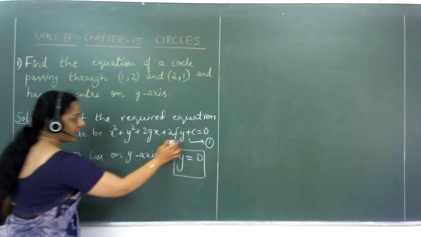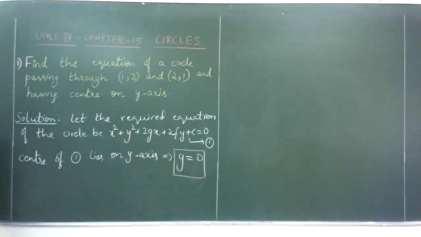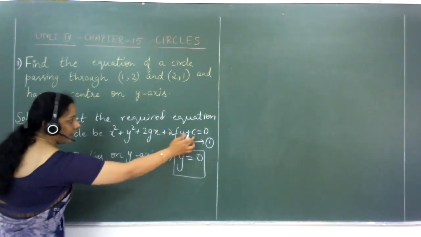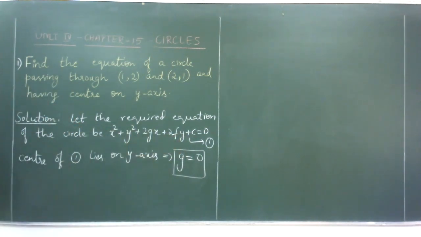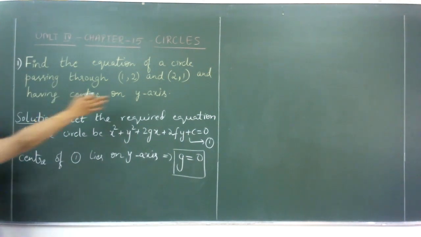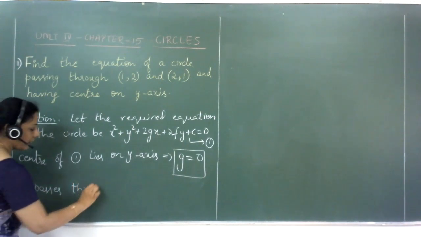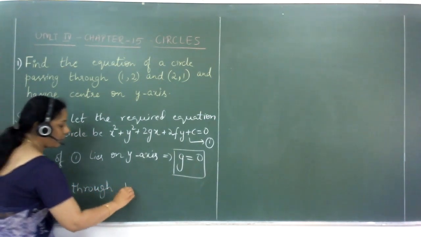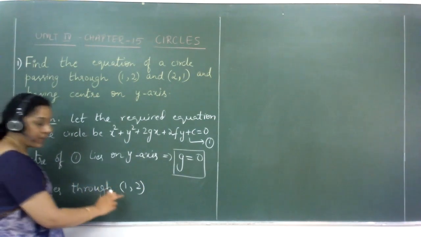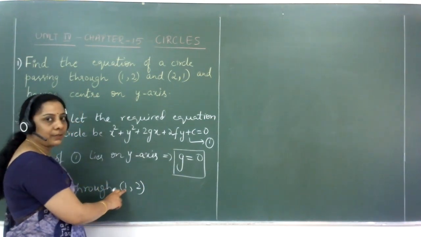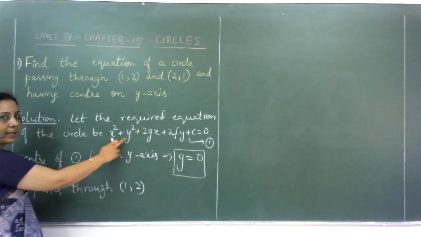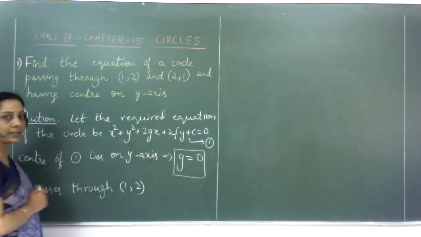Out of the three parameters g, f and c, we have already the value of one parameter. Now what needs to be done? We will have to work out the remaining two parameters, for which we will have to consider the remaining two data. Now circle 1 is passing through the point (1, 2), which means when I substitute x is equal to 1 and y is equal to 2 back in equation 1, equality doesn't alter.